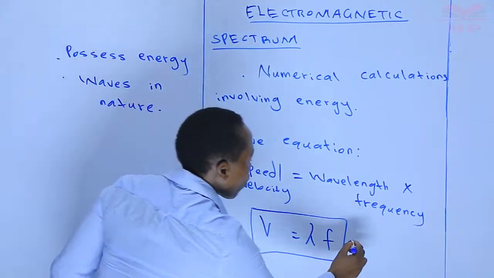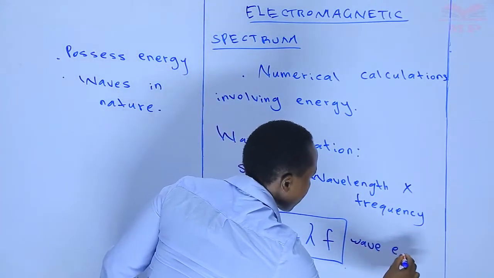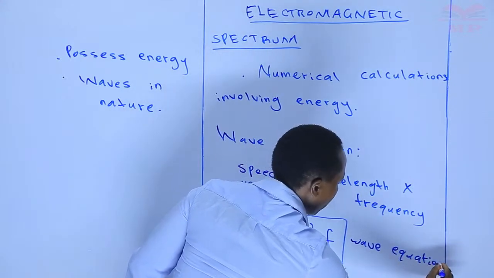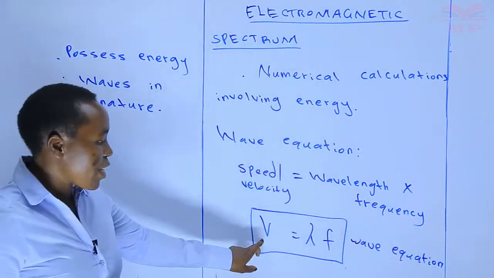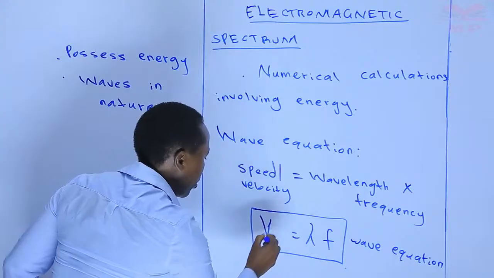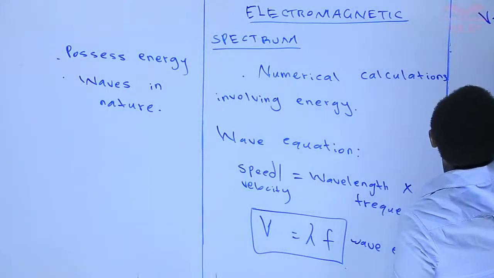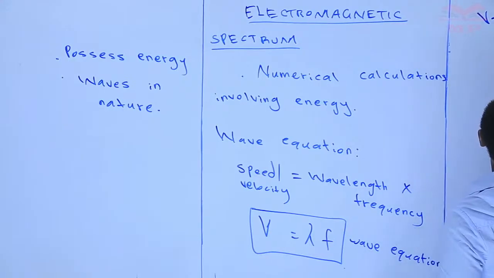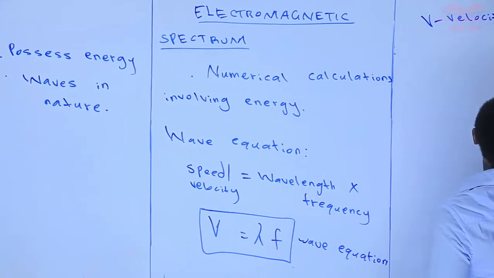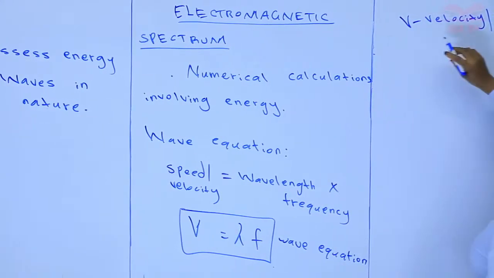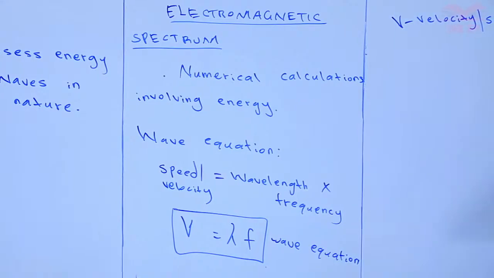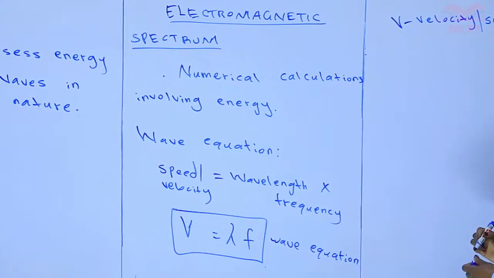This is what we refer to as the wave equation, where V is the speed or the velocity of the wave. The units for velocity are meters per second.